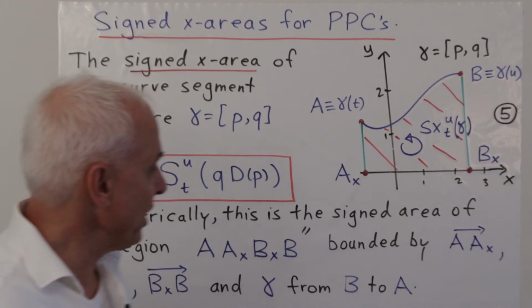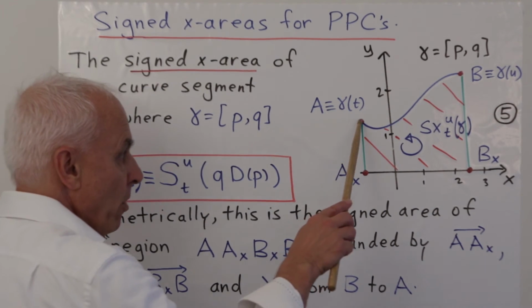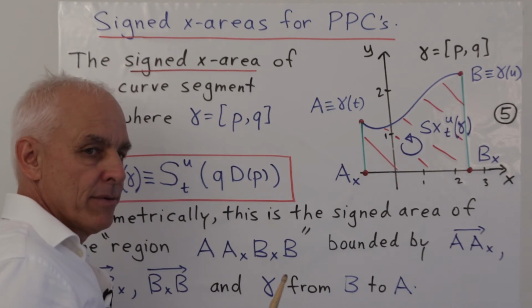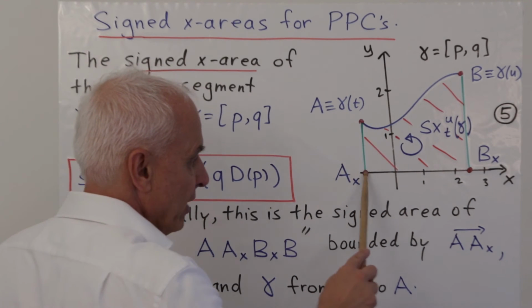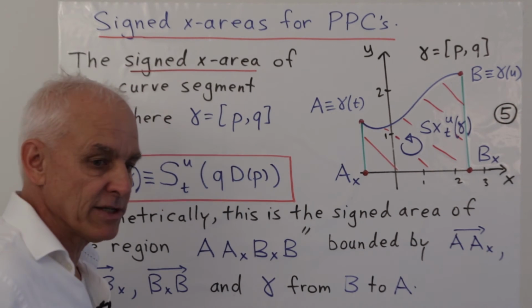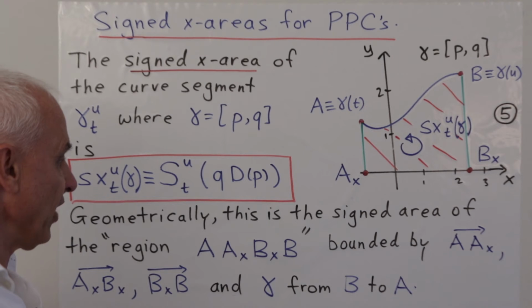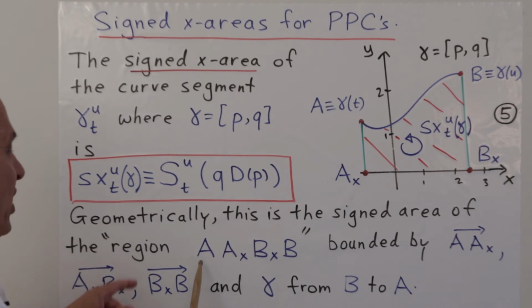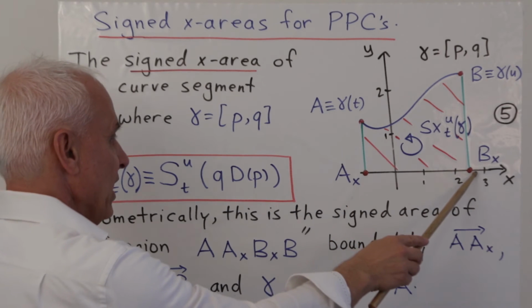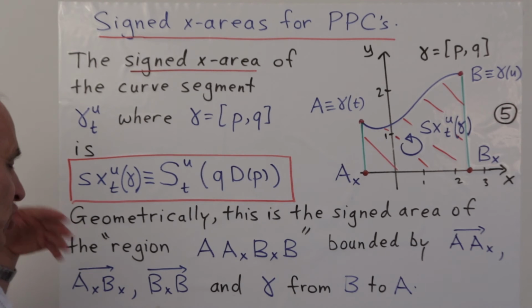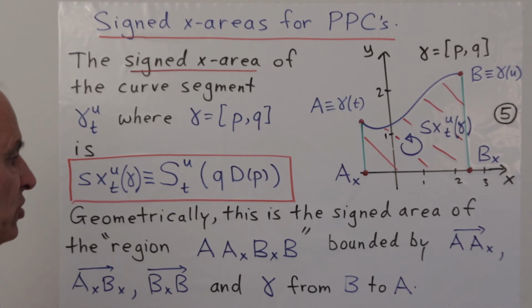What we're capturing here is the area formed by this kind of curvilinear rectangle. It's got rectangular sides, three of them, and then this fourth side, which is a curve segment. So it's not really a rectangle, and I put the region A, AX, BX, B in quotes, because it's just a geometrical interpretation of what's going on.